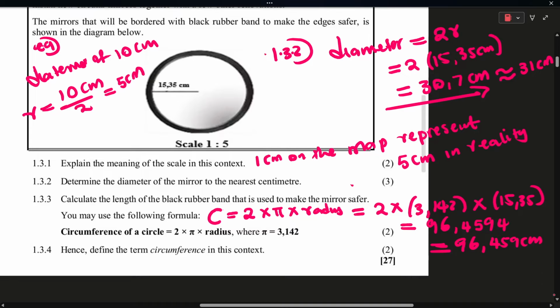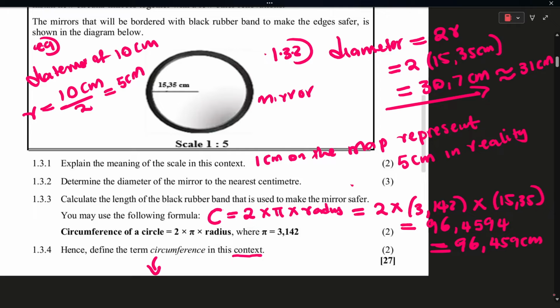Okay, hence, it means use the previous answer. You get the point? Define the term circumference. Oh, what is the circumference, guys? That is the total distance around the what? Around the circle. So in this case, the question said in this context, meaning you must talk about the mirror instead of talking about the circle.